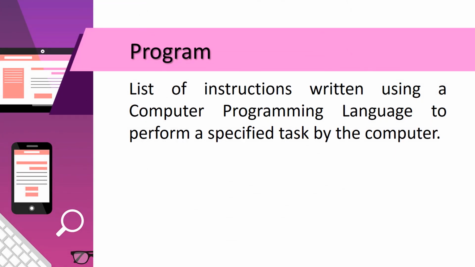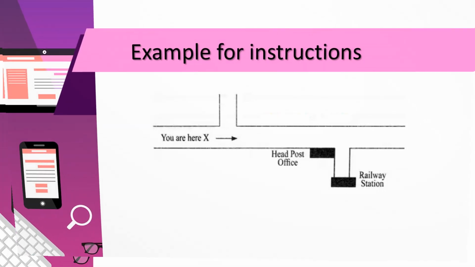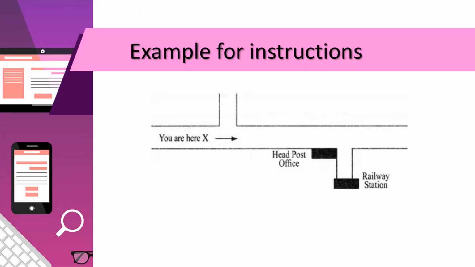What is a program? A program is a list of instructions written using a computer programming language to perform a specific task. To understand these terms, consider a situation. Someone is asking you how to go to the railway station.